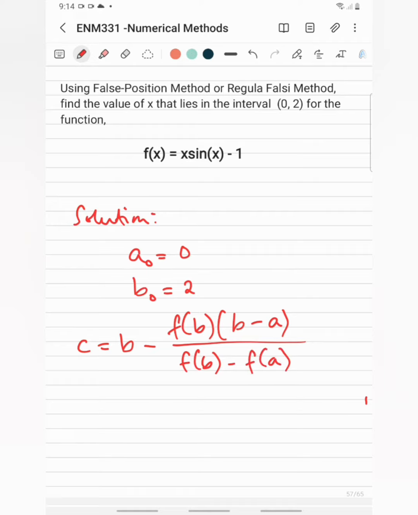I will use the Excel program in my solution in this example, and we will compare the results of the iteration of this method, the first position method or regula falsi method, to the results of the iteration using the bisection method of example number 1 of my video in bisection. Which method converges slowly, or which method converges faster to the root of the function?